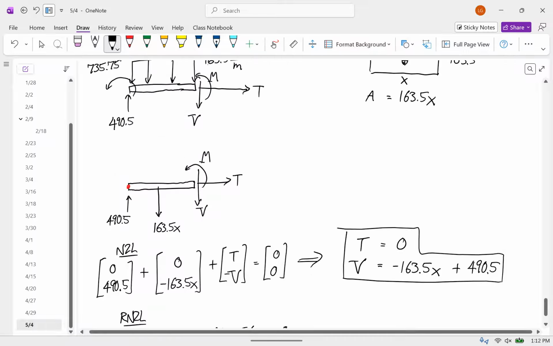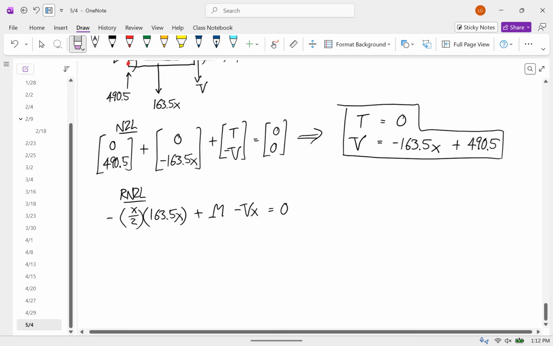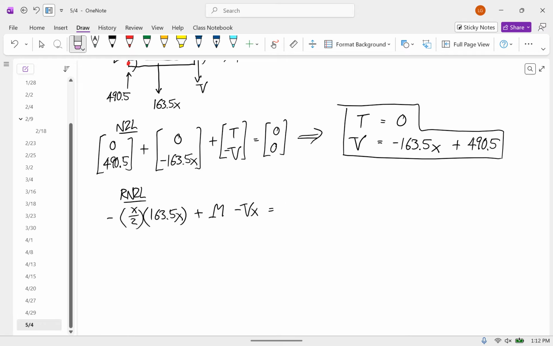We do, and I left it off: 735.75. And that would have messed up this calculation. That won't produce a moment. The one isn't about the about point. Well, couples, remember, don't change when the about point changes. So even though that is at the about point, that moment doesn't change.